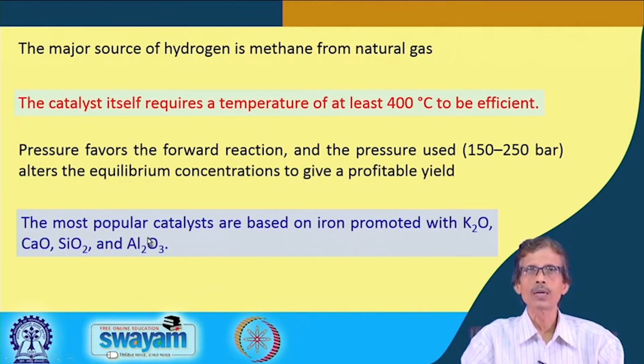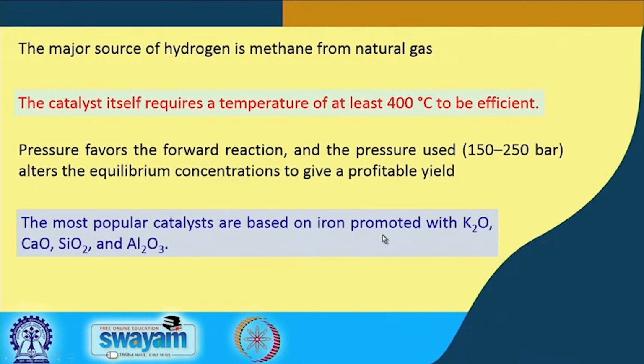The most popular and most used catalysts are basically based on iron, and we will see in our next class how these iron catalysts can be prepared. These promoted irons can be supported on simple oxides like potassium oxide K2O, calcium oxide CaO, silicon dioxide or alumina.